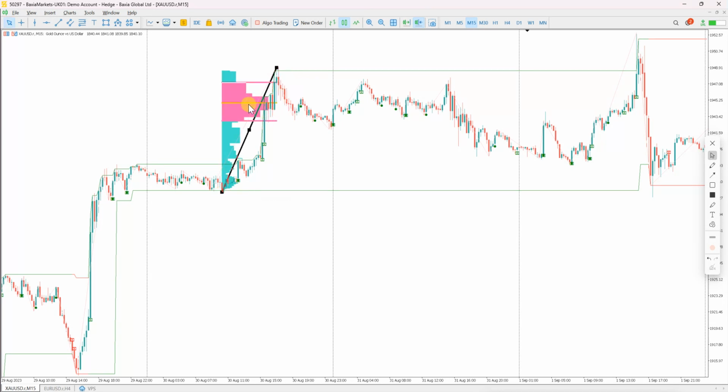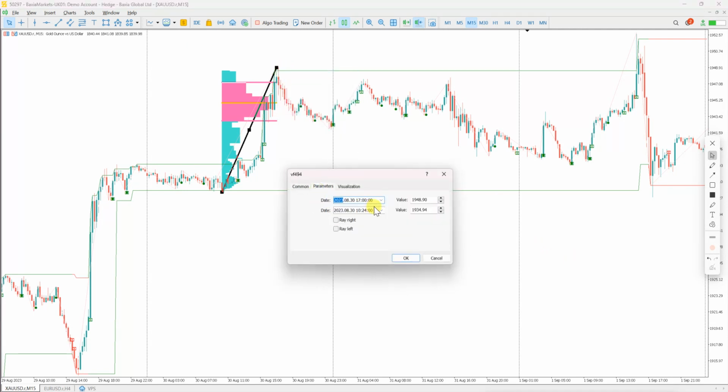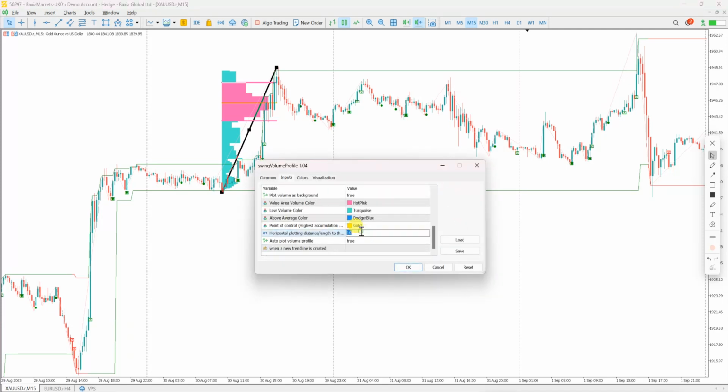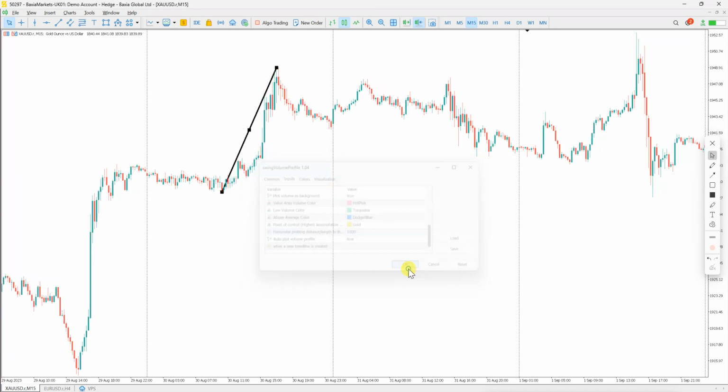So this POC, the yellow line color, you can also shoot it to the future. Let's say here I want to shoot it to 1000.